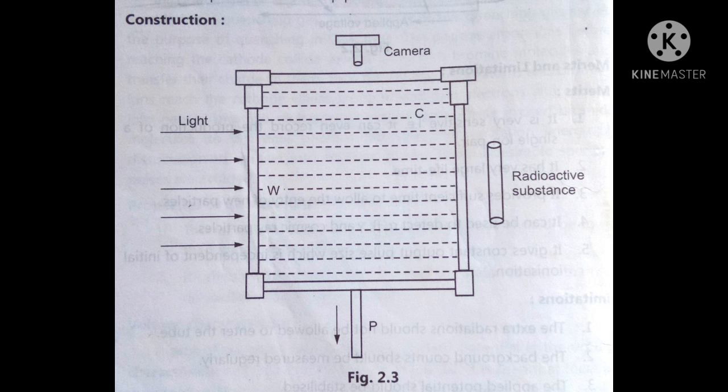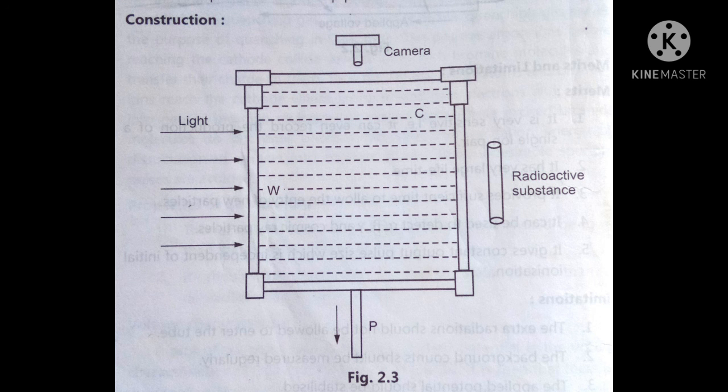Now see the working. The alpha or beta particles emitted by the radioactive substance enter the chamber and produce negative and positive ions by ionizing the air. However, due to electrostatic attraction, these positive and negative ions recombine into molecules. When the piston P is moved down rapidly, it leads to adiabatic expansion of the air inside the chamber.